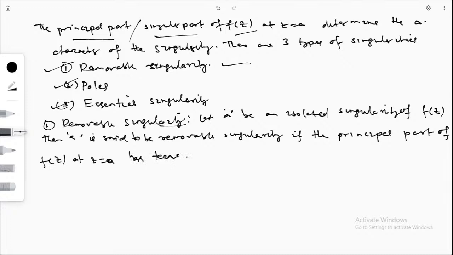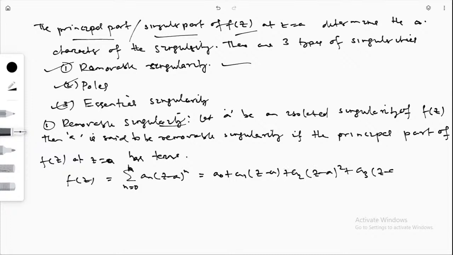Suppose my f of z can be written as the sum from n equals 0 to infinity of a n times z minus a to the power n. I can expand this as a naught plus a1 into z minus a plus a2 into z minus a whole square plus a3 into z minus a whole cube, and so on.